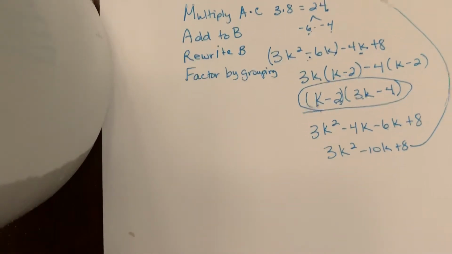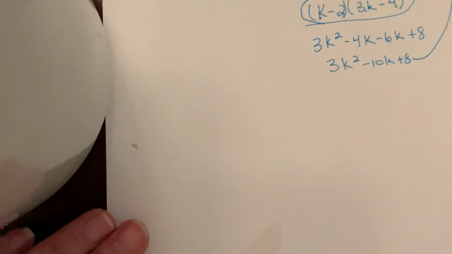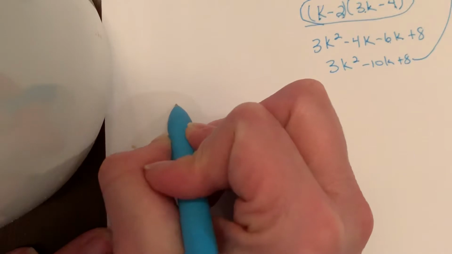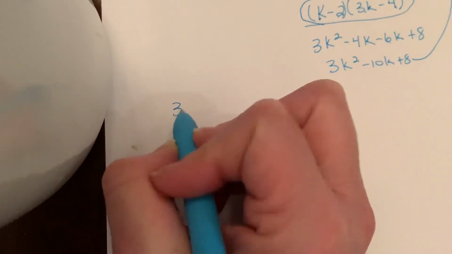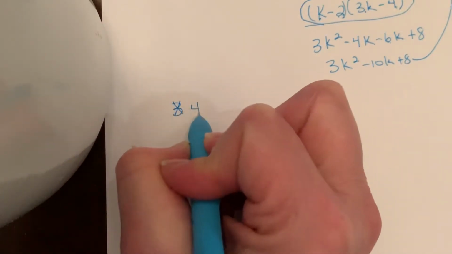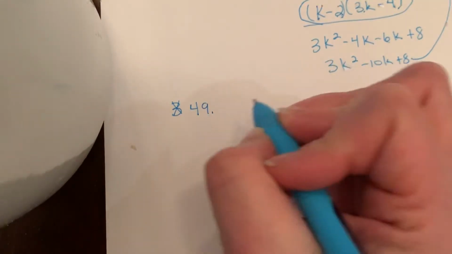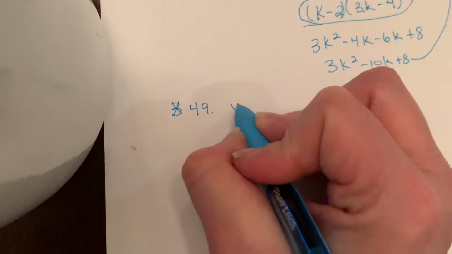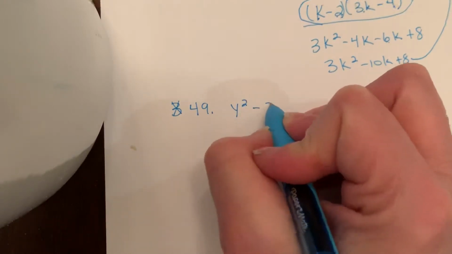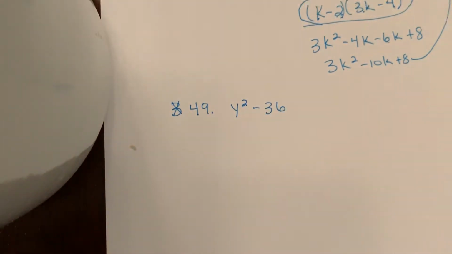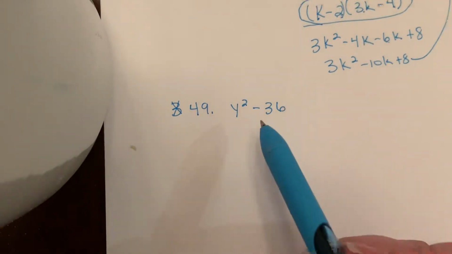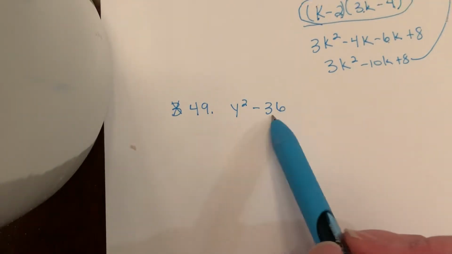All right, moving on, I wanted to solve for you one of the, I'm sorry, I wrote the wrong number. On 49, I didn't actually assign this one, but I do want to solve a difference of squares because it's really important to recognize these special cases of polynomials.